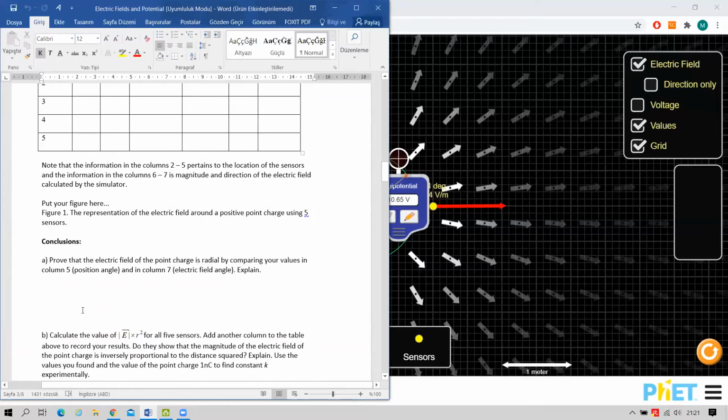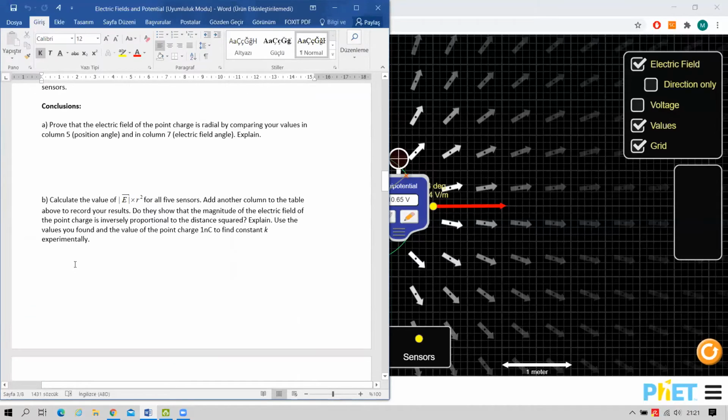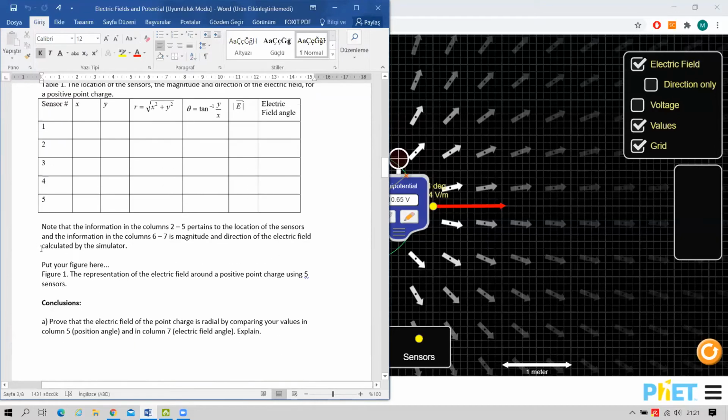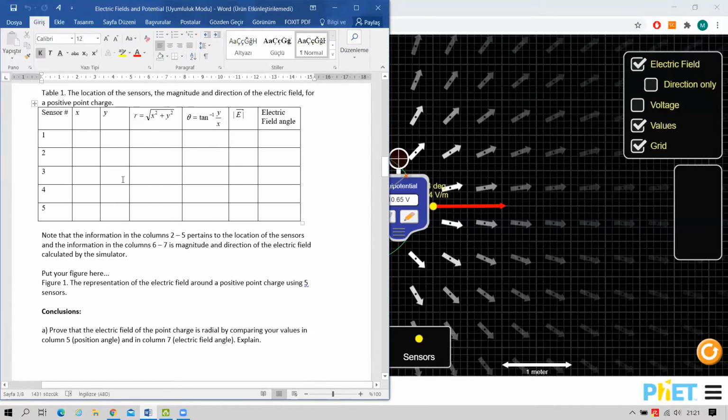Also there is a conclusion for the first part, and a question for the first part. There is a table also in the first part. You will fill out this table by doing some operations on the simulation.